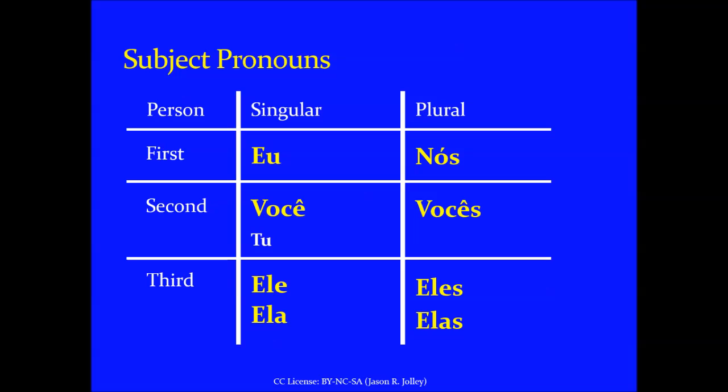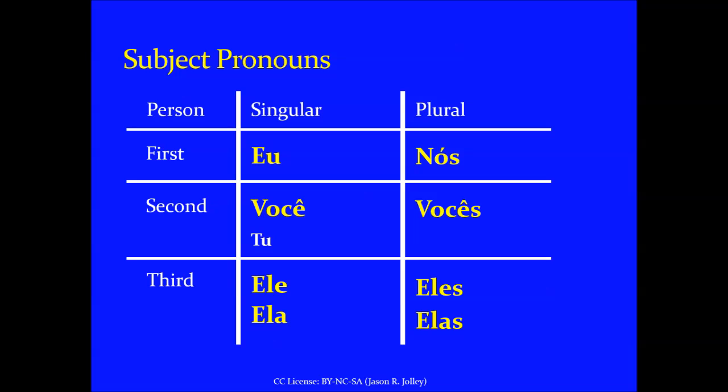Now if you want a more thorough review, I recommend that you go back to lesson 3, which focused on this very topic, subject pronouns. But for now, I'll just point out a couple of things that are key to our discussion of present tense forms of regular verbs. Remember that subject pronouns can be either singular or plural, and that they can also refer to first, second, or third persons.